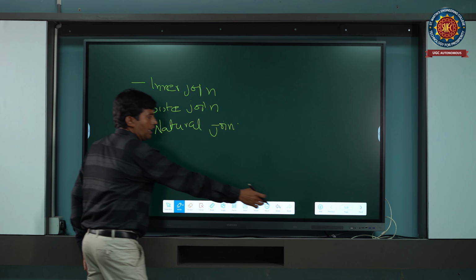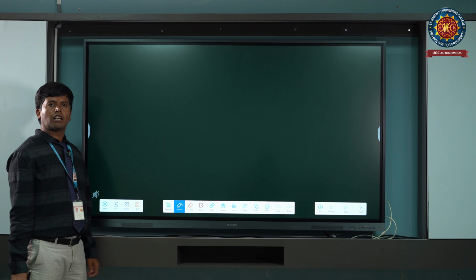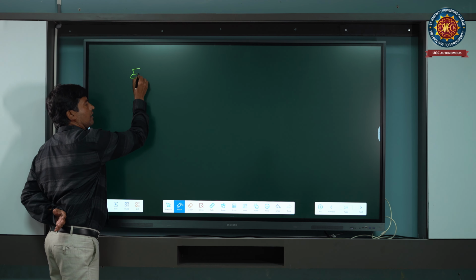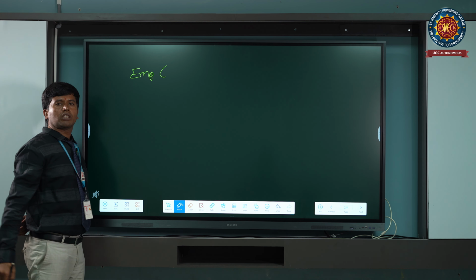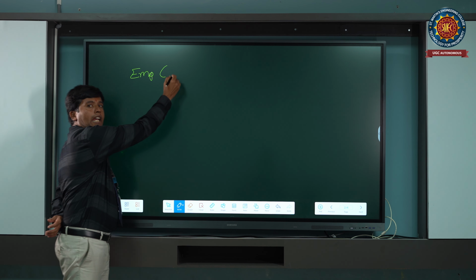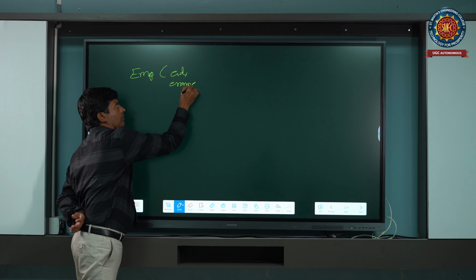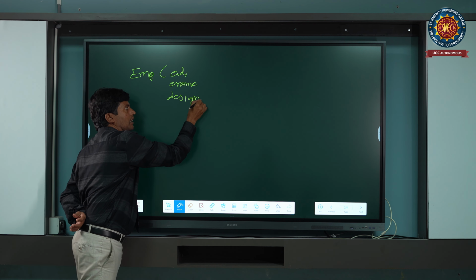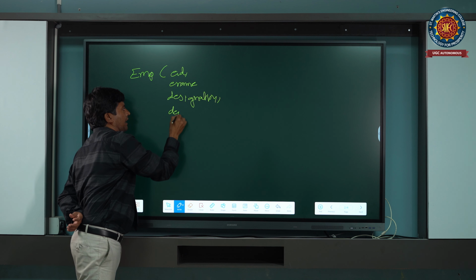Let me take an example from my department. I maintain two tables for maintaining employee information. The employee table consists of four columns: employee ID, employee name, designation, and department ID.